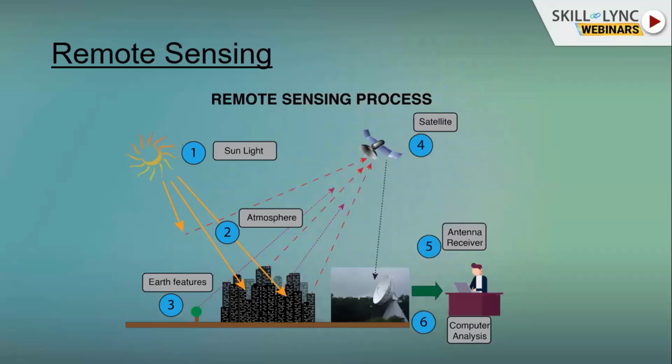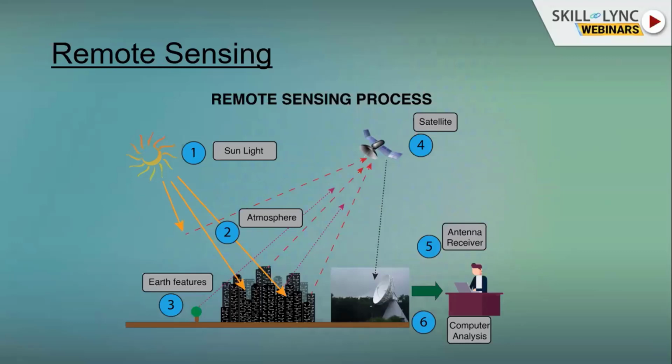Then we have an antenna receiver, and then it is going to the computer analysis where we are sitting, or you people are sitting. So this is the whole process and phenomena of passive remote sensing, where sun is the source of illumination.